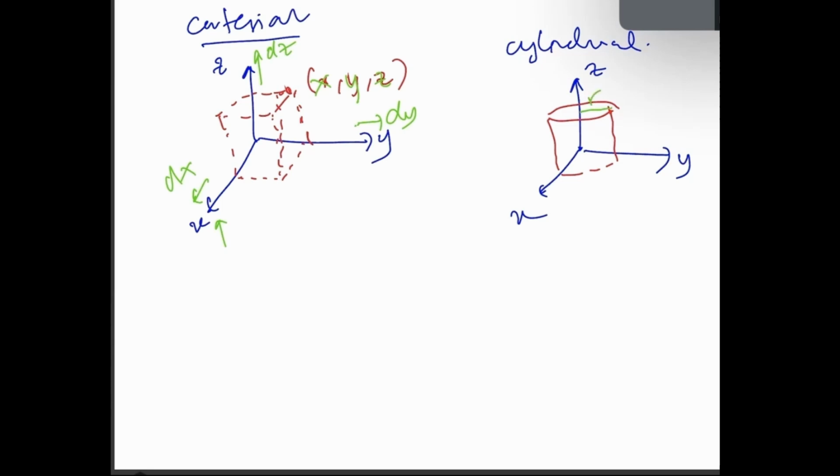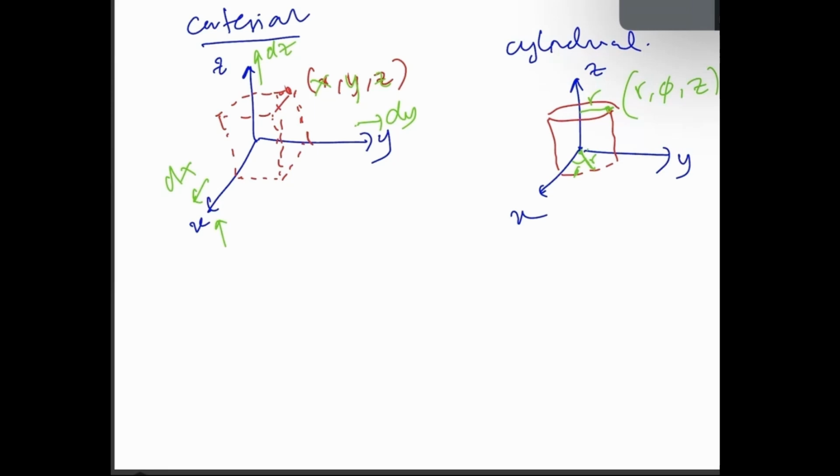R is the radius, the distance between the z-axis and point P. This one is r, and this one is phi. For cylindrical coordinates, we have r, phi, and z.